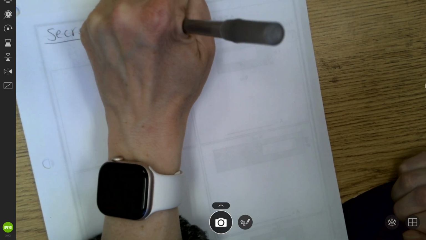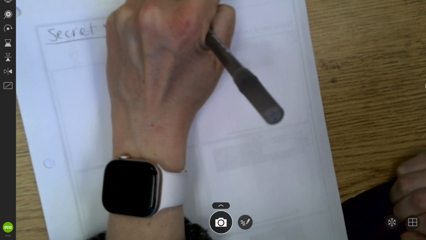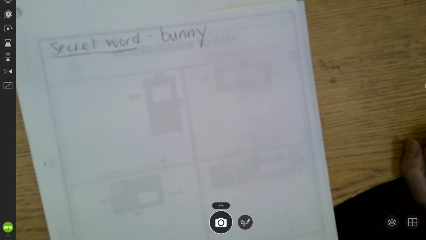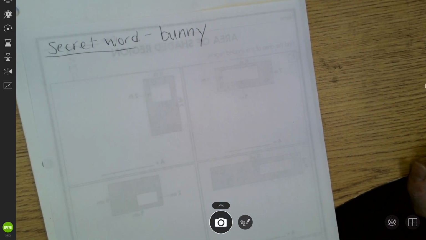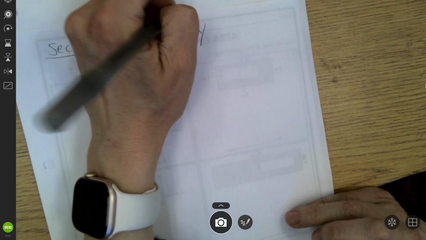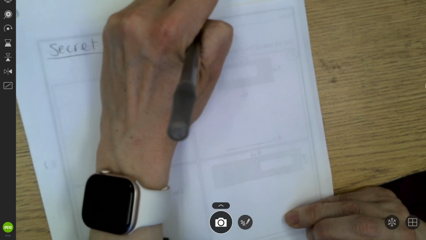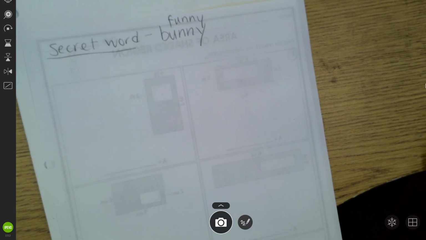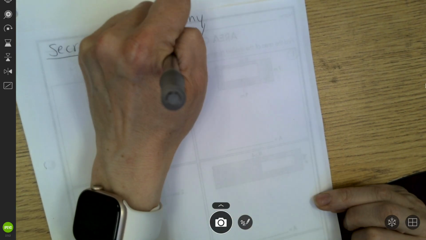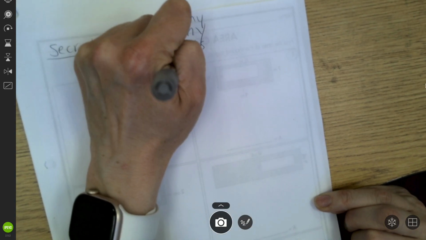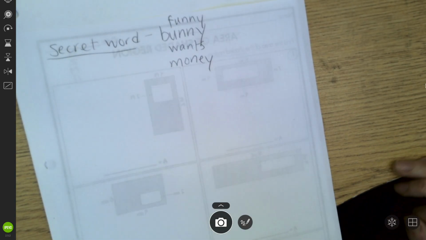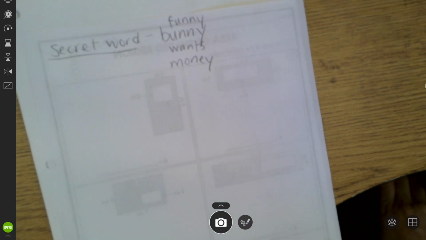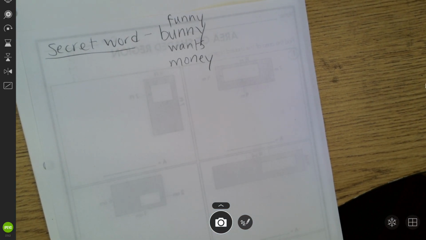Bunny. Easter's right around the corner, and I'm looking at the cute, fluffy bunny. Bunny. That's your secret word. How about funny bunny? Funny bunny wants money. That's your secret phrase.